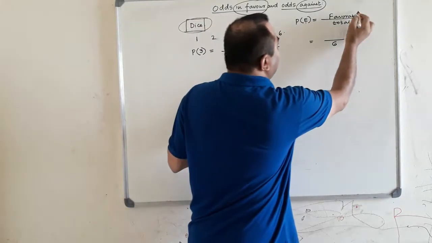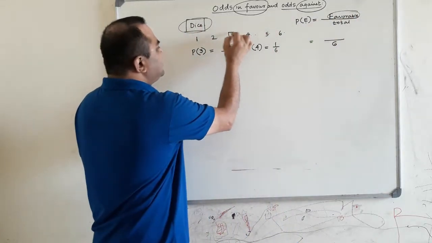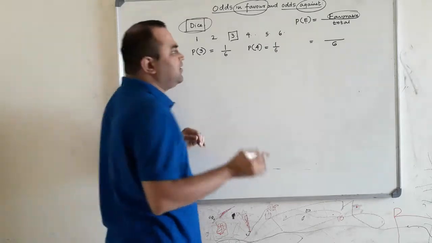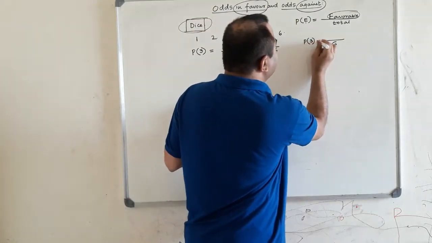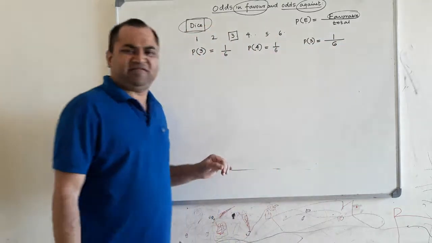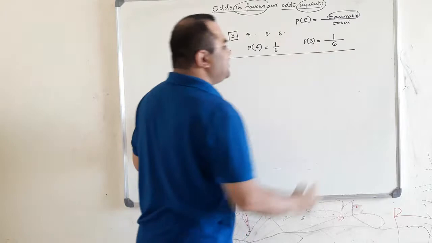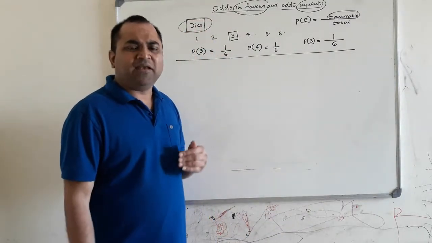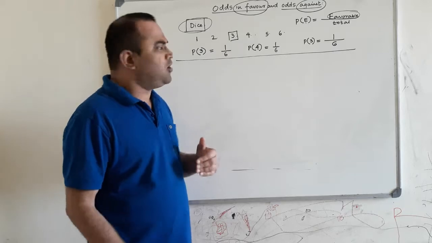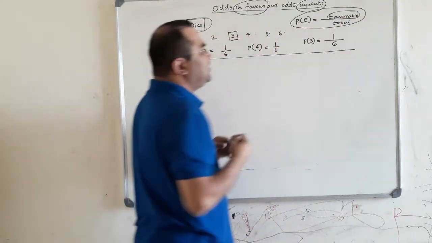And again, how many outcomes are favorable for any one particular number? Say 3, then probability that the number 3 on the dice will appear is 1 by 6. So in this way, the chance of an event occurring whenever an experiment is done can be expressed, as you know, popularly in terms of probability.